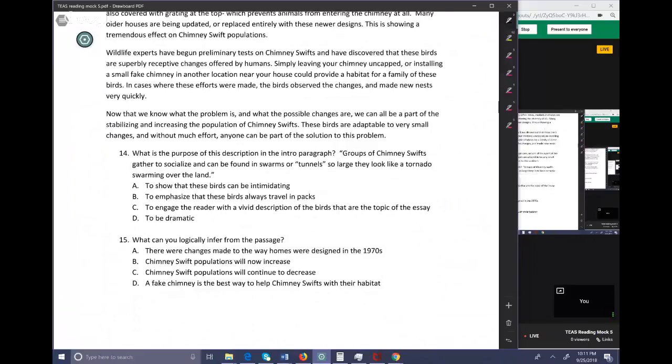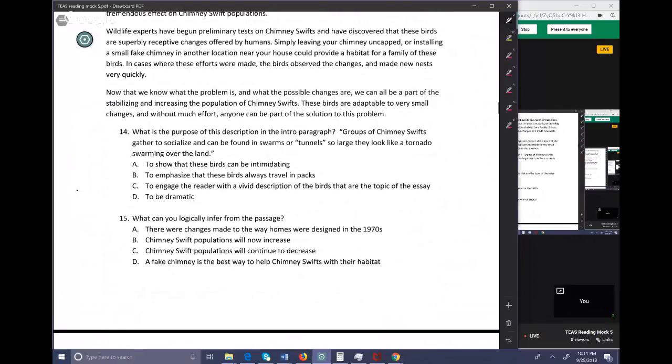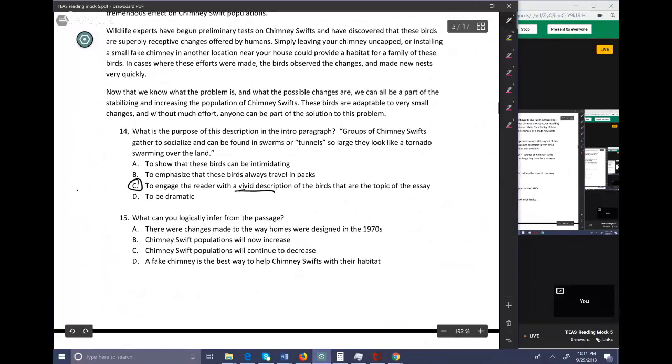What is the purpose of this description in the intro paragraph? And then it's got a quote. So the reason that they did that quote is C, to engage the reader with a vivid description of the birds that are the topic of the essay. So this is out of reading 1 and 2 because it's a little bit of purpose and a little bit of detail. And the reason that it's not A or B, D would be too generic, not a good enough answer.